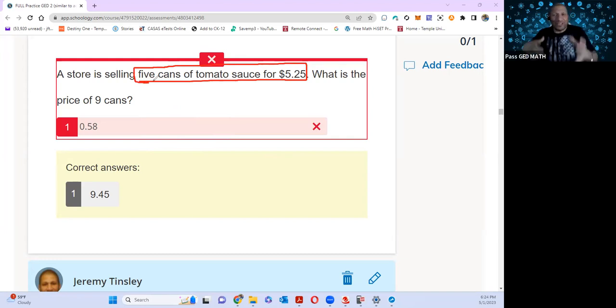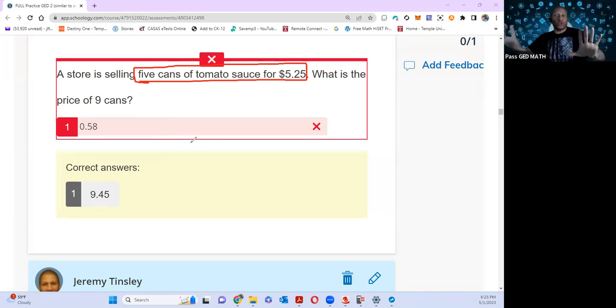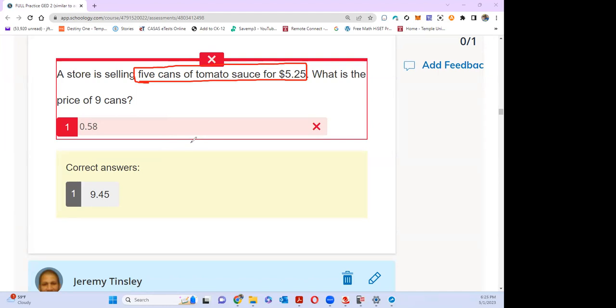How can I write this ratio as a fraction? I don't want you to solve it yet. How can I write this ratio as a fraction? How can I put it in the fraction form?